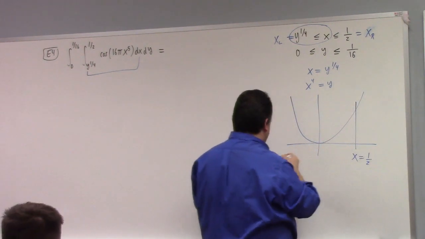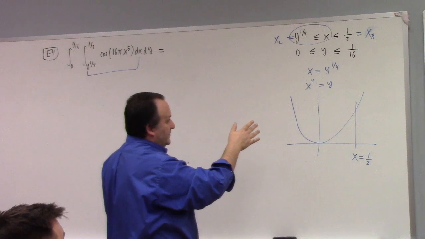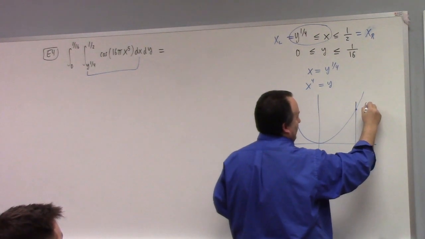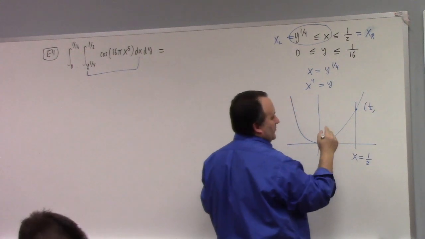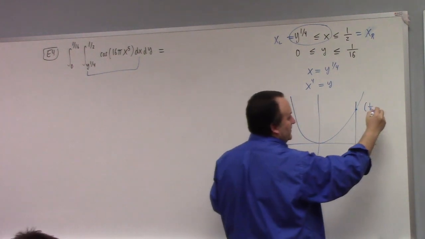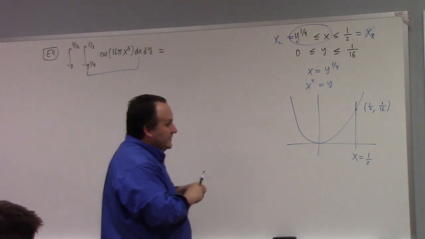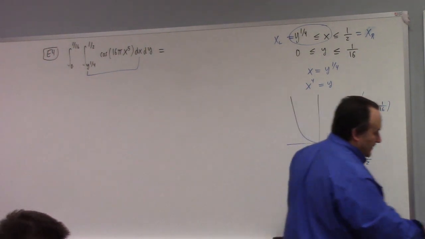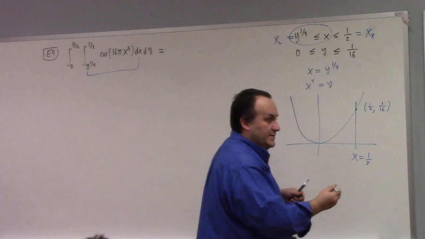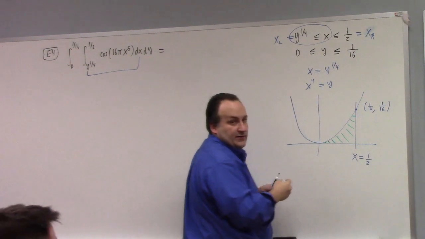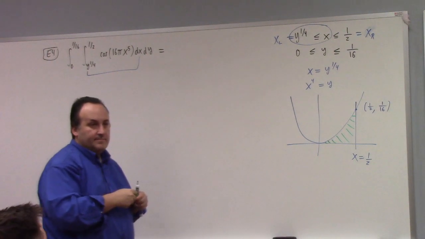And so I must be talking about, and this point right here is what? 1/2, comma what? 1/2 to the 4th power is 1/16. Okay, we have confirmation then. Geometrically, the area we're looking at is this thing right here, right? We're integrating that region, yeah?